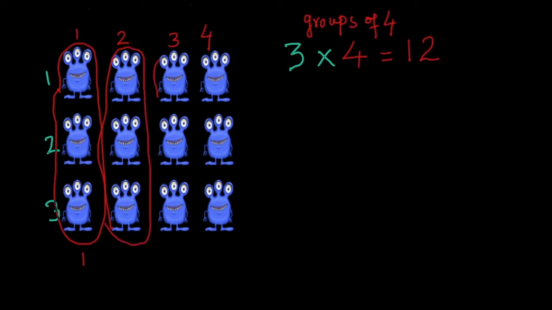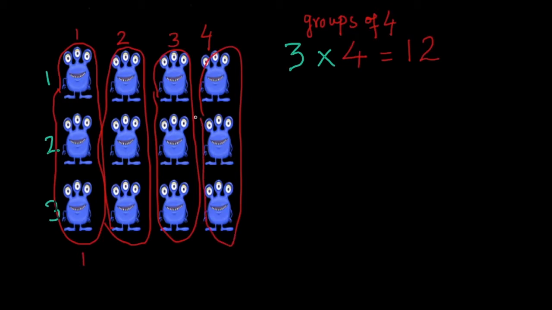The next one is our third group, and this one is the last group. So we can write 4 times 3, or 4 lots of 3, or 4 groups of 3.